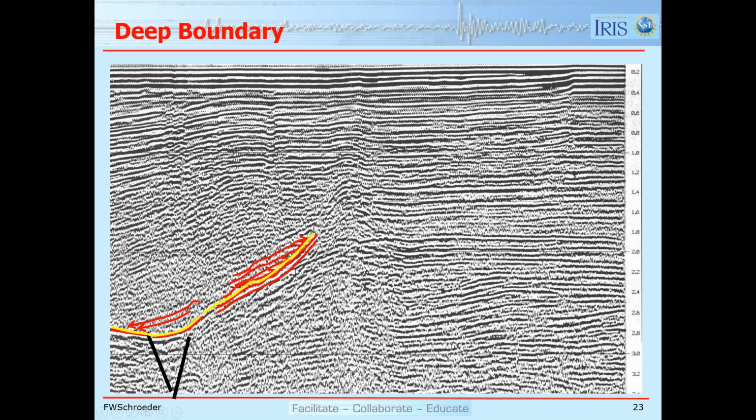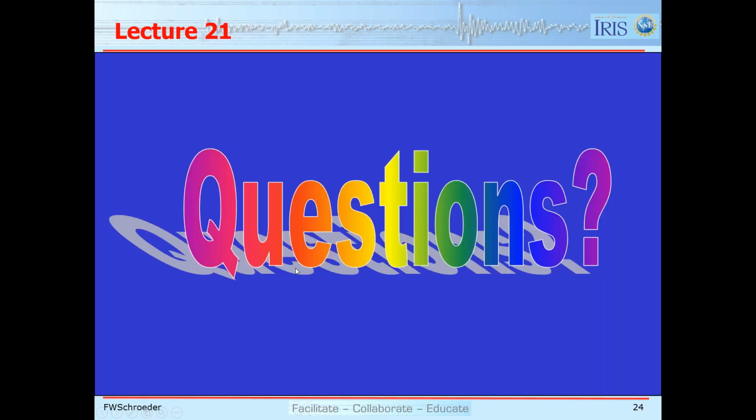That's a little teaser to show you that with a red pencil and a yellow pencil and a copy of line C, you can go in and do some seismic stratigraphy on this particular line. So that concludes my prepared remarks. I'll turn it back to Dr. Bohin and see if we have any questions from our audience.